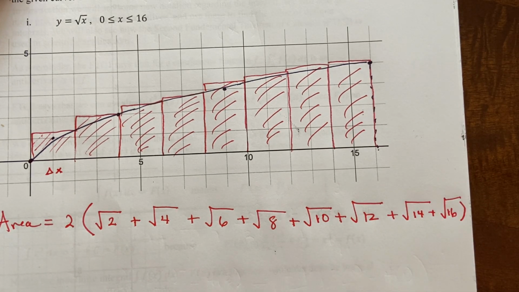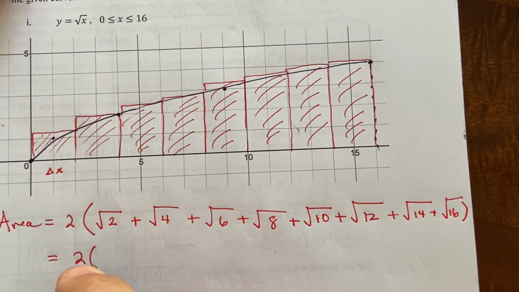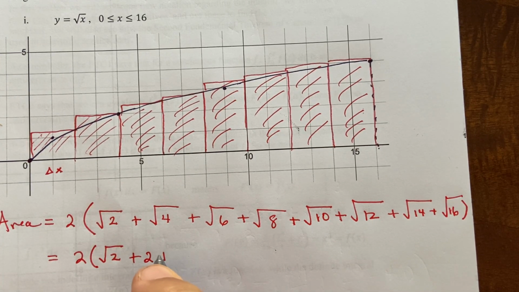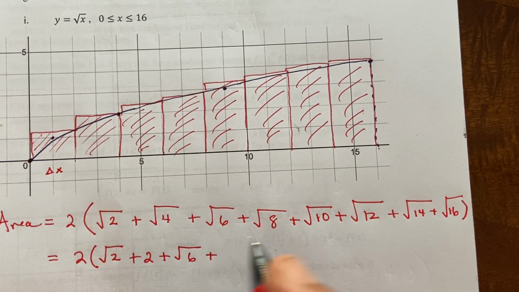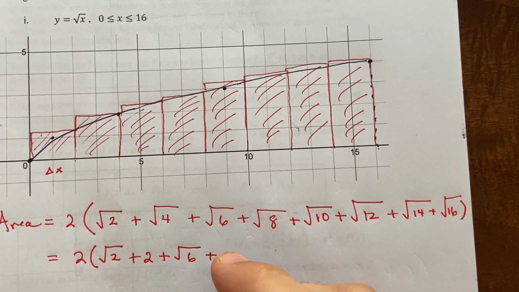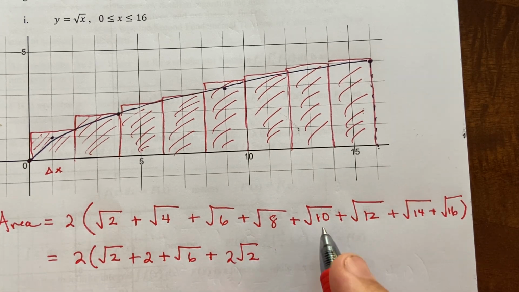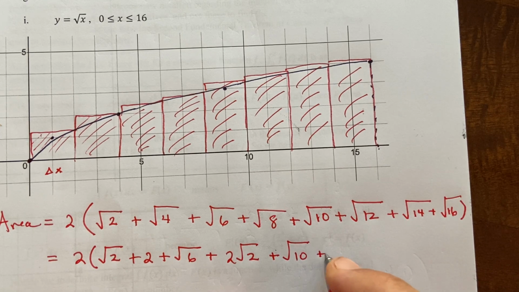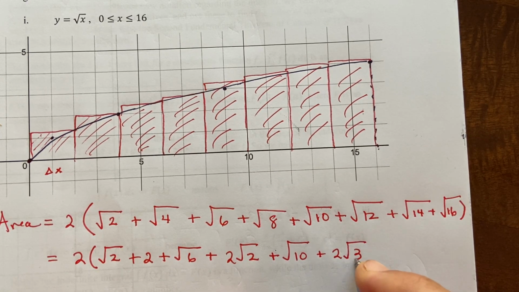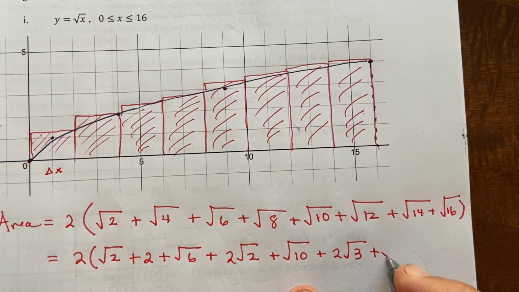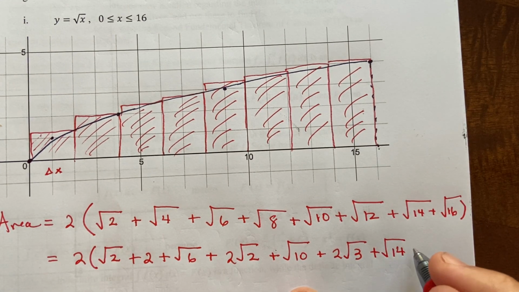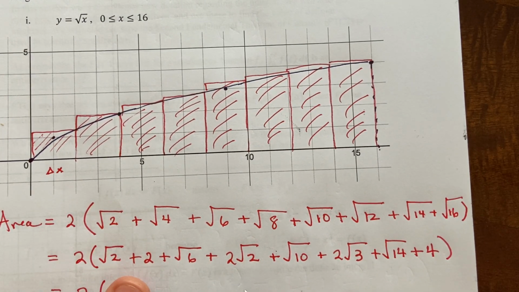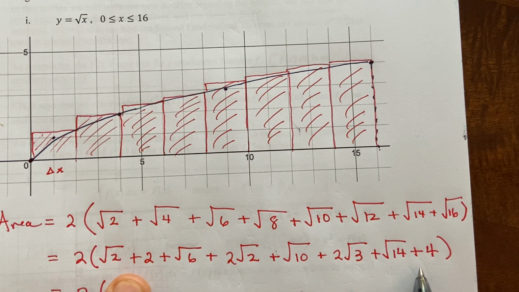Okay. Some of these simplify, some don't. So root 2 does not, but I can say 2 plus root 6 plus root 8. I can write 2 root 2. Root 10, I'll just leave that. Root 12, 2 root 3, plus root 14 plus 4. So 2 plus 4, 6.